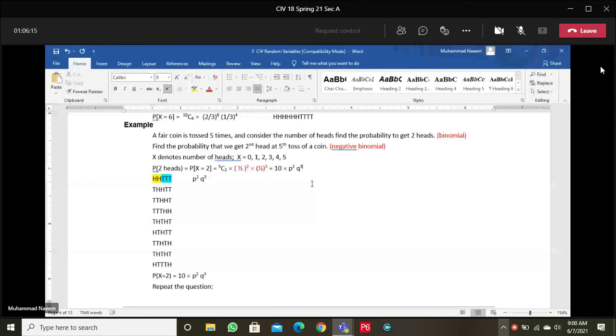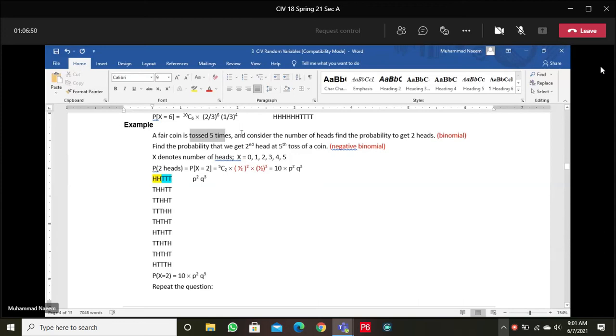The difference is that in binomial, our variable denotes the number of heads. Heads means success. Successes are related to the variable, and tosses are fixed.